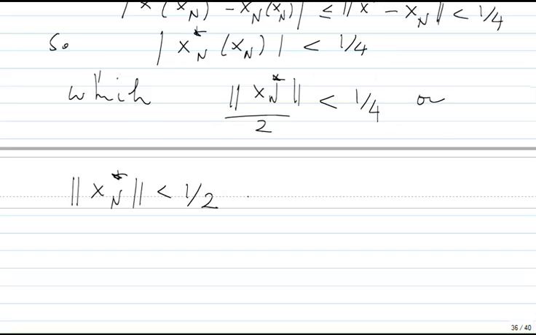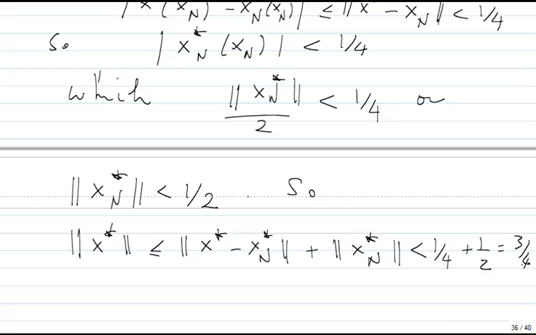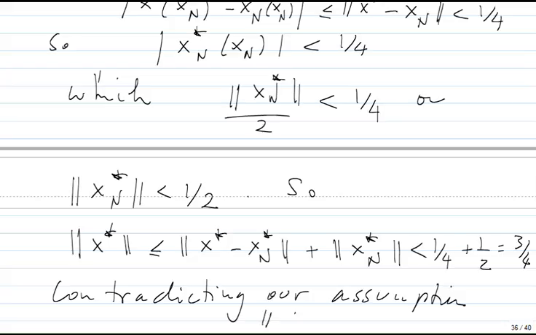So the norm of x star is less than the norm of x star minus xn star plus the norm of xn star, which is less than 1/4 plus 1/2 equals 3/4, contradicting our assumption that the norm of x star equals 1.